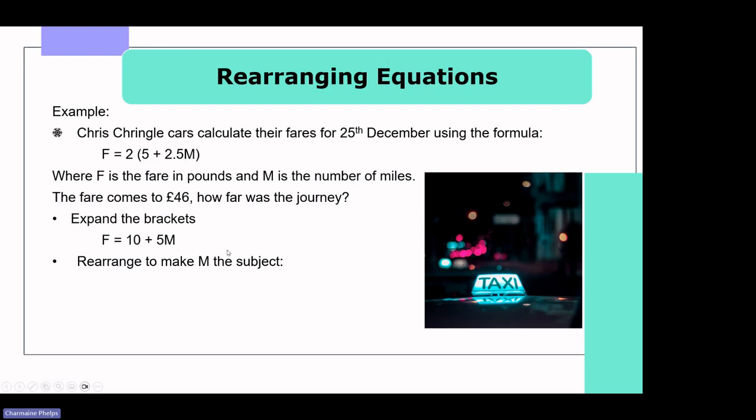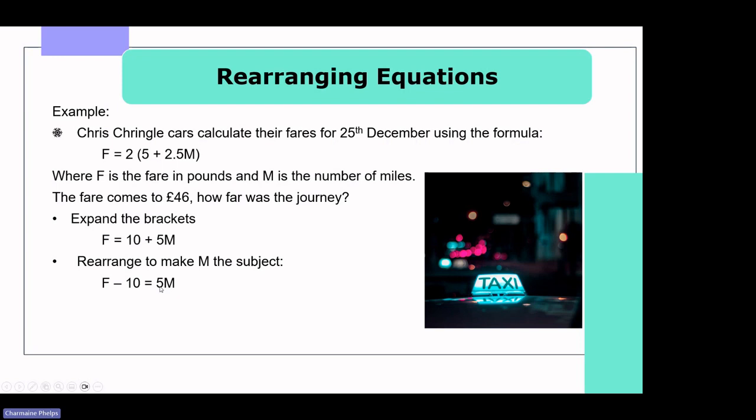I want m on its own, but I've got this 10 plus 5m. So the first thing I'm going to do is take away 10 from this side, which helps me to get m on its own. If I take away 10 from the right-hand side, I also need to take away 10 from the left-hand side. So f take 10 equals 5m.